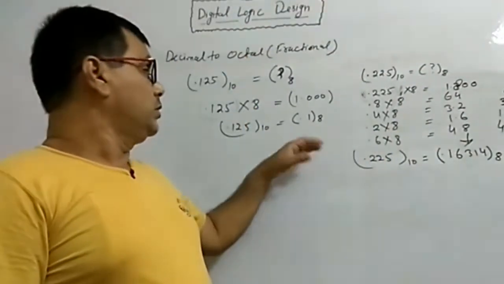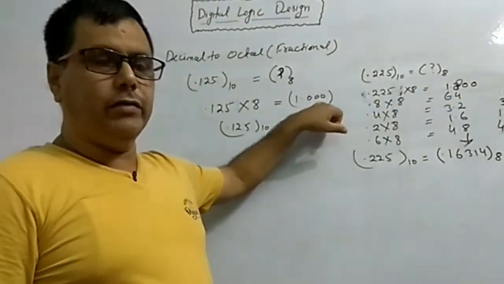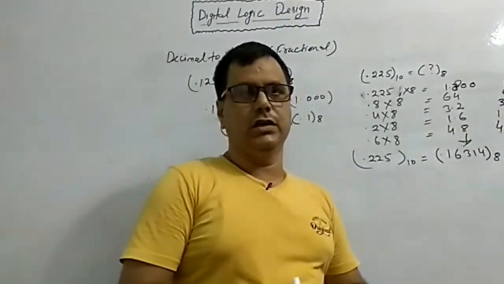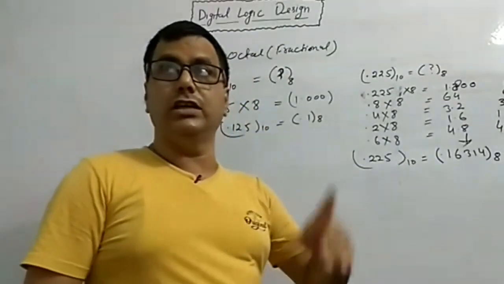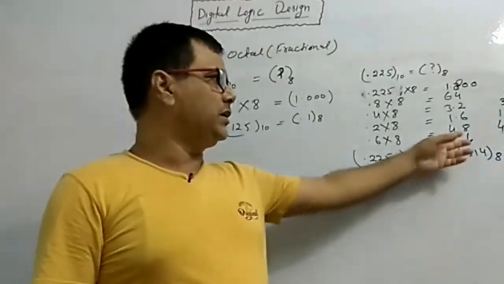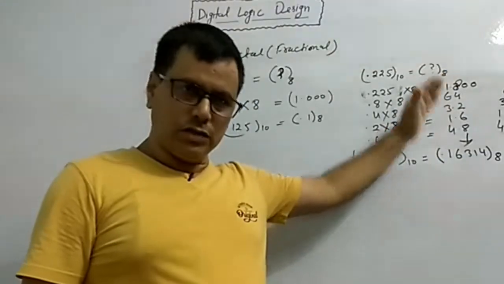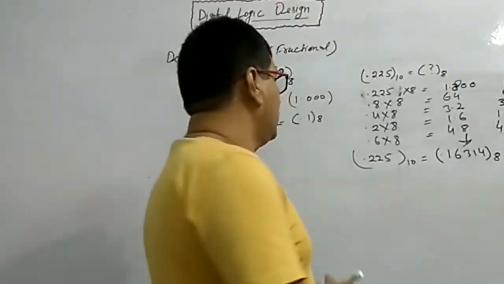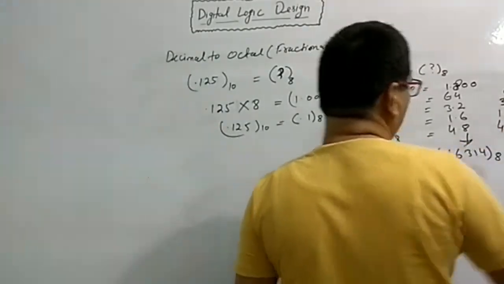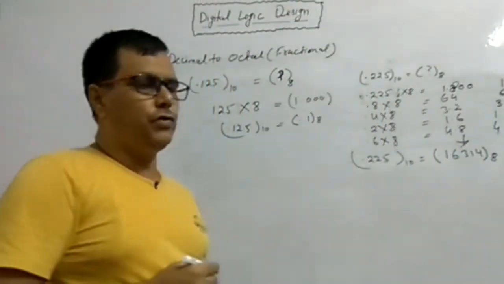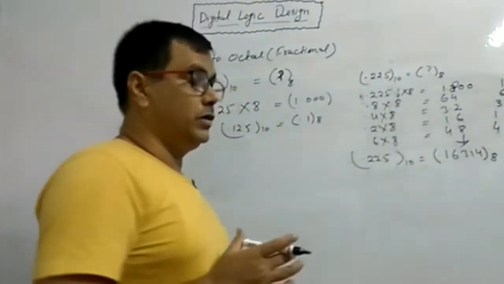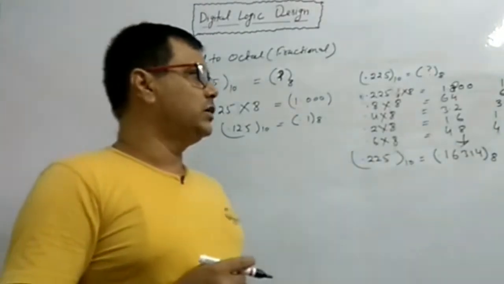The fractional part can become 0 after multiplication, or it may not. If it is not becoming 0, then there will definitely be some repeated pattern. When the pattern is repeating, we stop the multiplication and we count from top to bottom. Look here, this is a very important part. We will always count from top to bottom. In whole numbers, we counted from bottom to top.